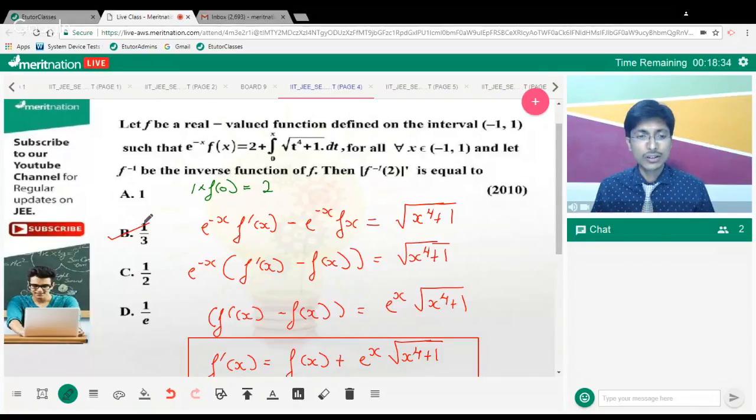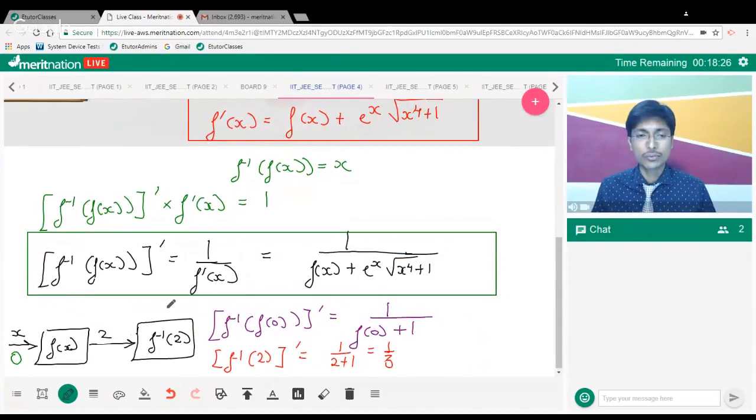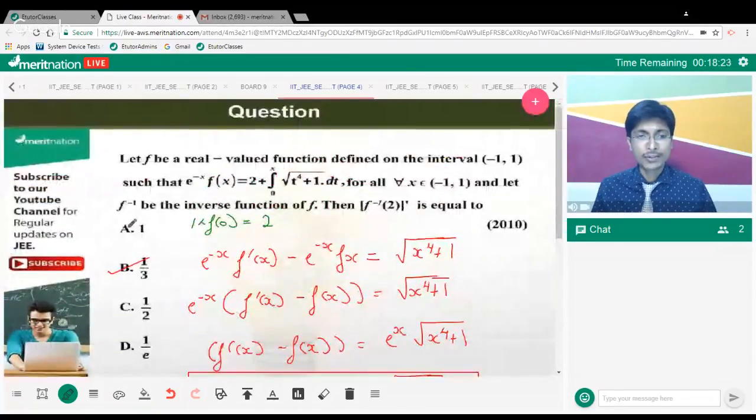So I broke it down that you need to send 0 into f(x), so that will give 2 as the output, and that will eventually enter as input into the f inverse. So I believe it's clear to Preeti. You can watch the recording. So this question is available. If you look from the beginning, it will be very clear to you how we thought about it.